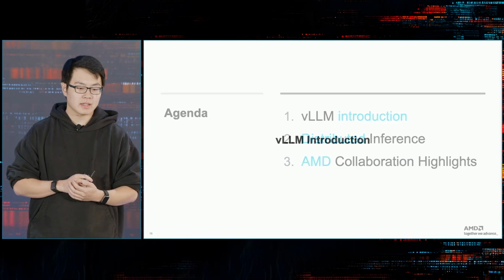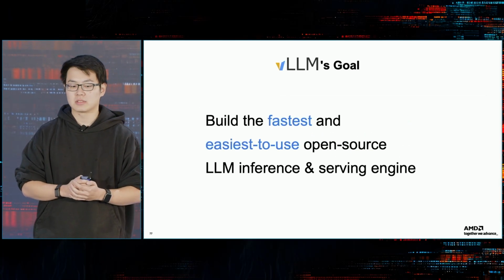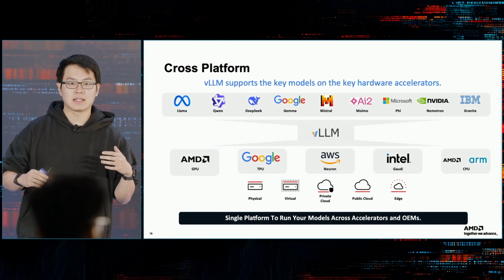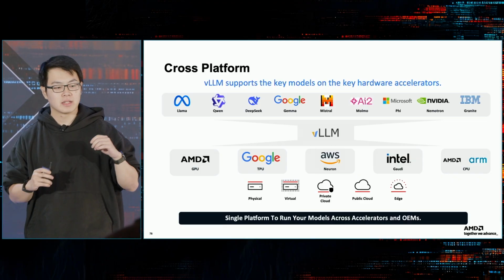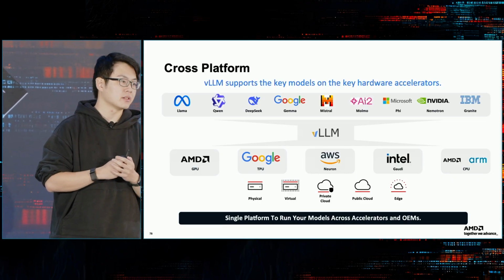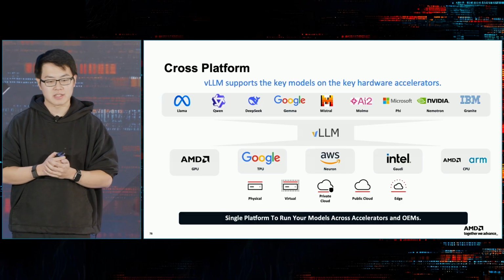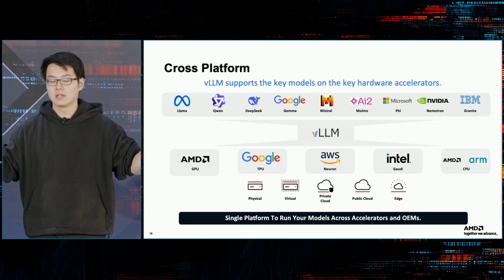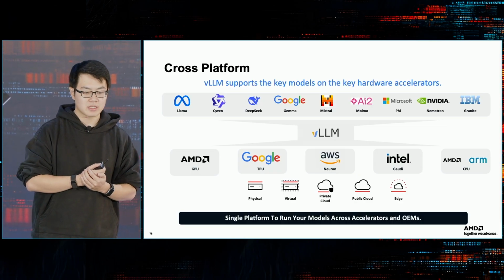So on the introduction side, our goal is to build the fastest and easiest to use open source LLM inference and serving engine. This encapsulates itself as being the cross-platform layer, where on the one side, we support a lot of models from day zero, including Llama, Qwen, DeepSeek, and a lot more, and GPT-OSS. On the other end, we make sure all these models work directly on different kinds of chips, such as AMD GPUs.